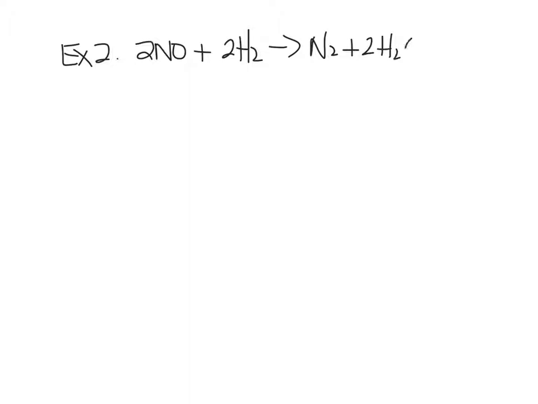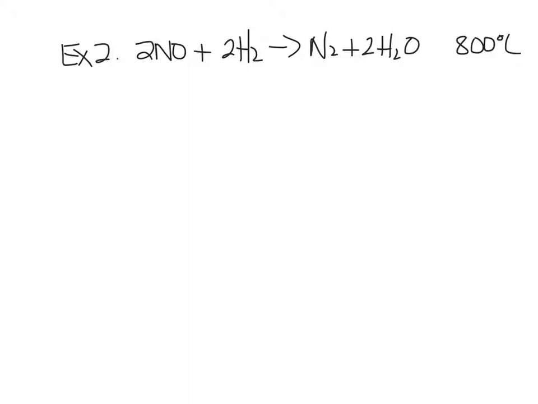A lot of times these reactions will tell you the temperature at which they occur, and that's because your K value will change with different temperatures. So this one happens at 800 degrees Celsius. So the K value that we figure out will only apply at this temperature.